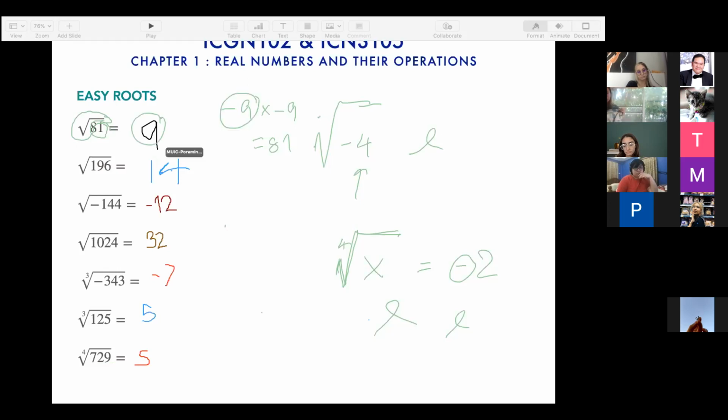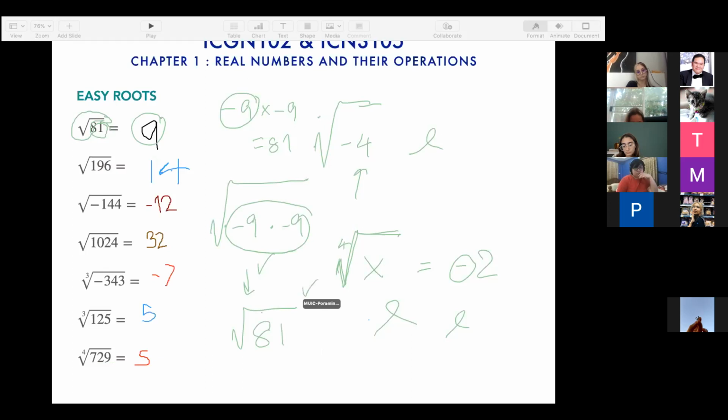But if you say, can we have the square root of minus 9 times minus 9, this is okay, because when you solve it you get square root 81 anyway. This one is okay, but square root of negative 81 is not okay.